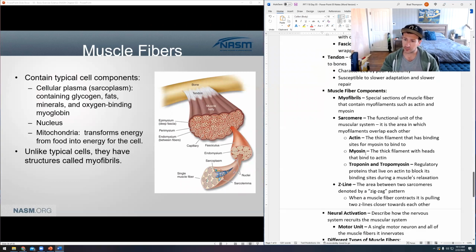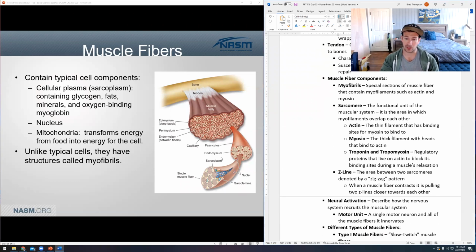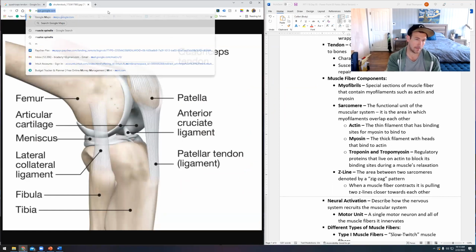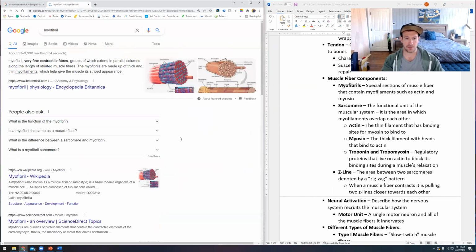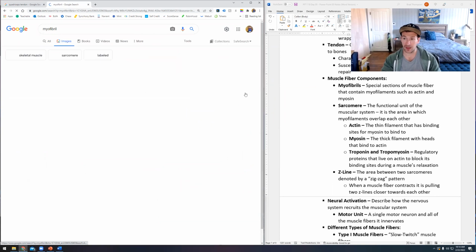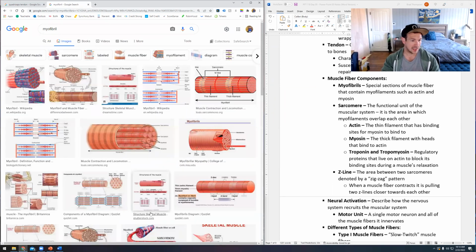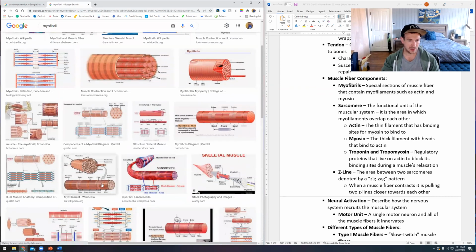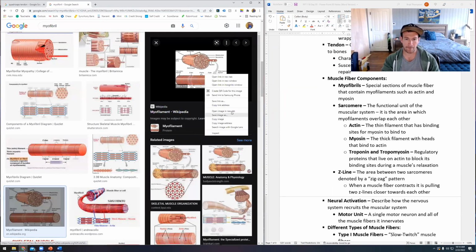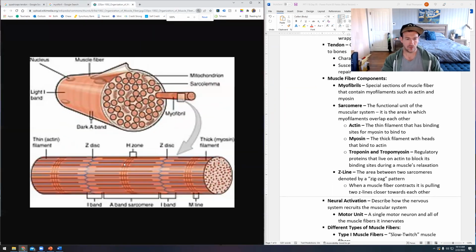So when we look at a muscle fiber, an individual muscle cell, it's got those little rods that run through it called myofibrils, right? A myofibril is this big long rod running from end to end in our muscle, right? And it looks kind of like that, right?